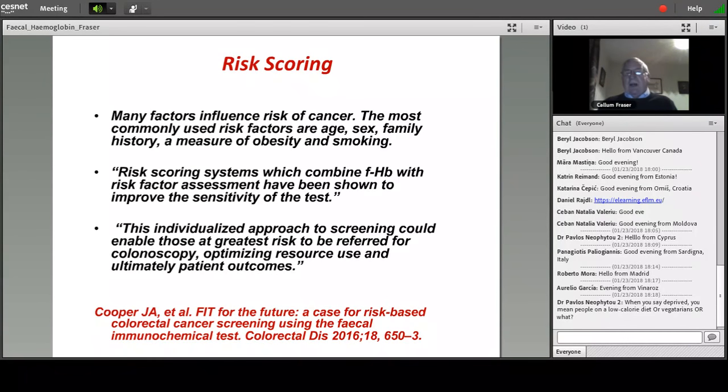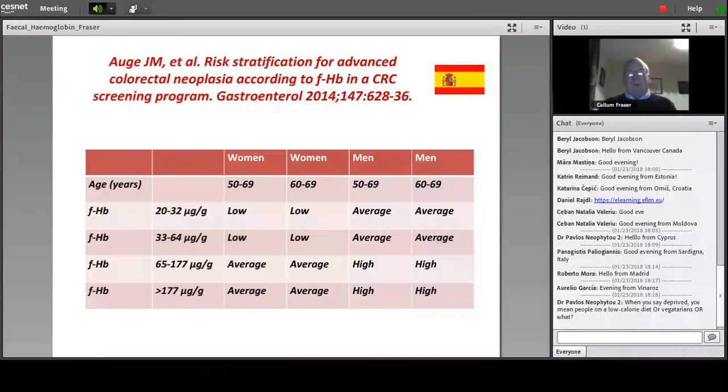Because we now know that fecal hemoglobin is related to colorectal cancer risk, and many factors influence the risk of cancer, such as age and sex, family history, smoking, alcohol intake, obesity, waist circumference, and so on, it may be that risk scoring systems which combine fecal hemoglobin concentrations with other variables which influence risk may be important. It may be that risk scoring systems have a role to play in the future.